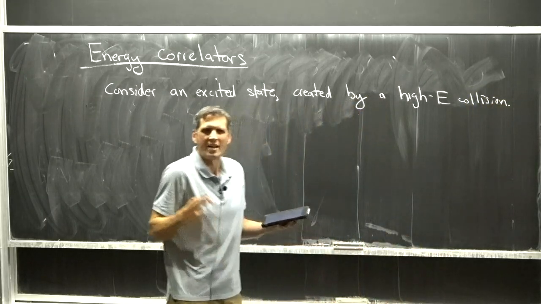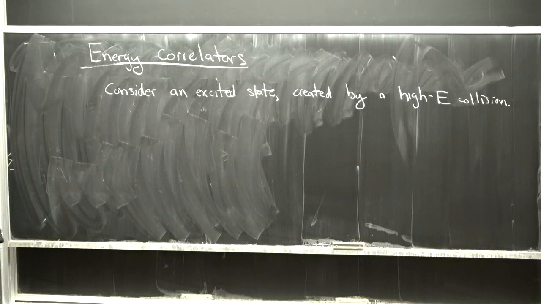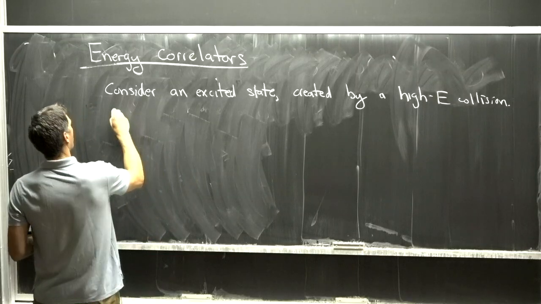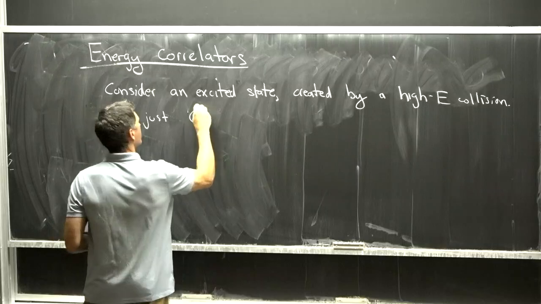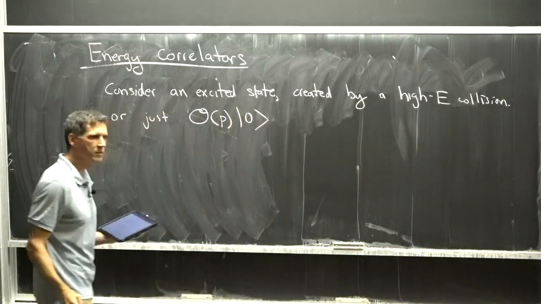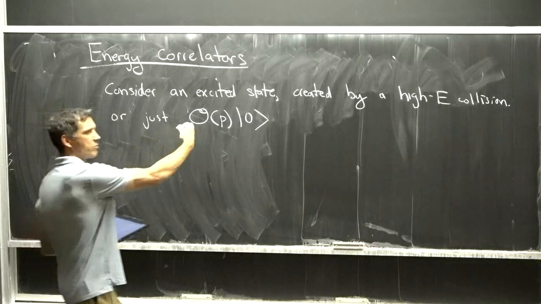We could consider any excited state, but the prototypical example is something like the quark gluon plasma that's created at RHIC. Or it could just be something you get by taking an operator, smearing it with some momentum, and inserting it in vacuum. I'll give a careful definition of what I mean by this in a little bit.